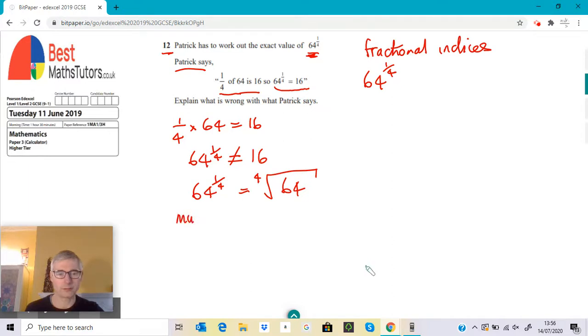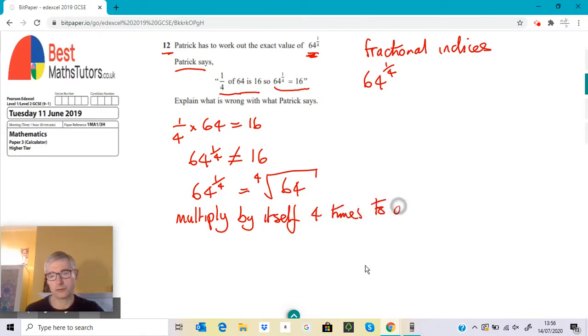I'll just write that down so we've got that clear. So we're looking for a number we can multiply by itself 4 times to give 64.